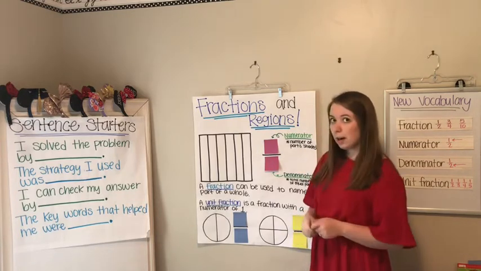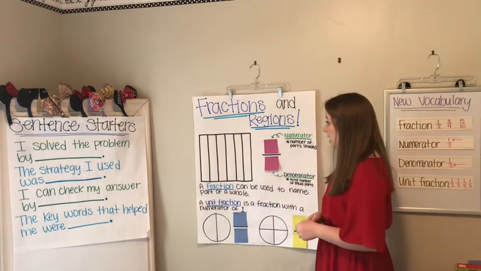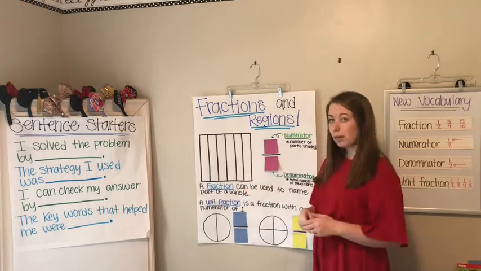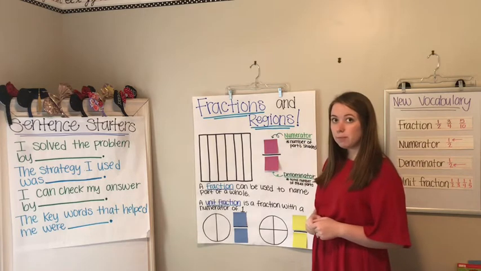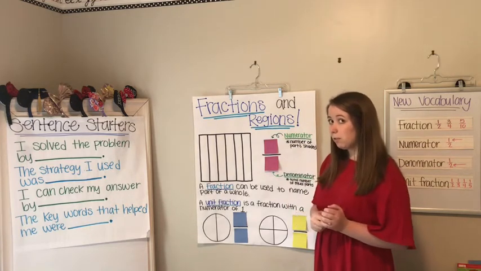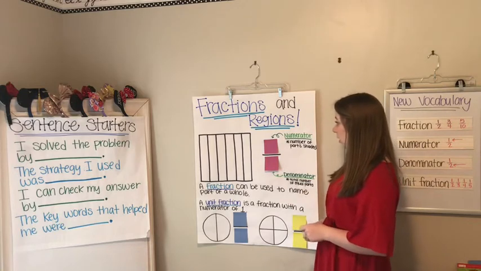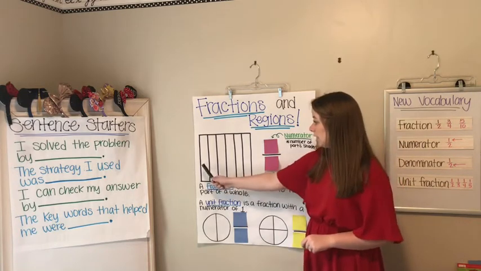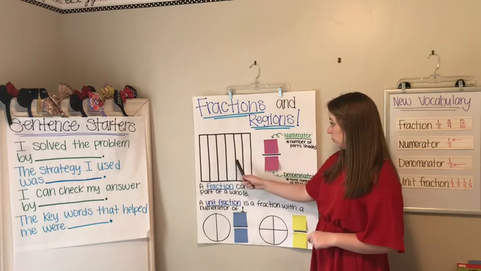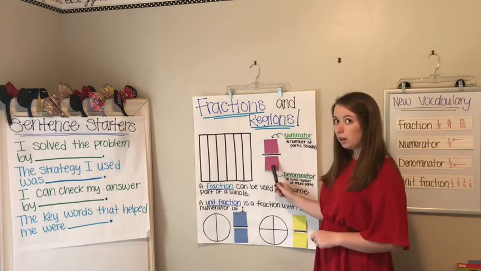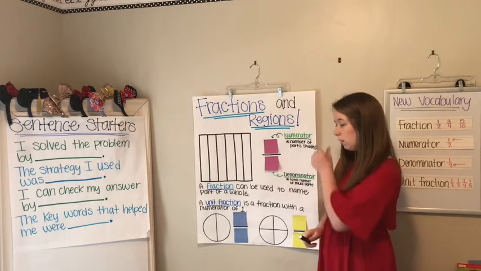So our first step in looking at this shape is that I noticed that they're in equal parts. So that's cool. Now we can find out a fraction because we need equal parts in order to find that. So now to find the denominator, we're going to count each one of these pieces, each one of these parts, to find out the number that goes here at the bottom of our line, okay?